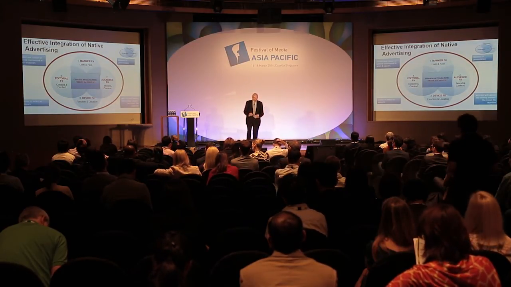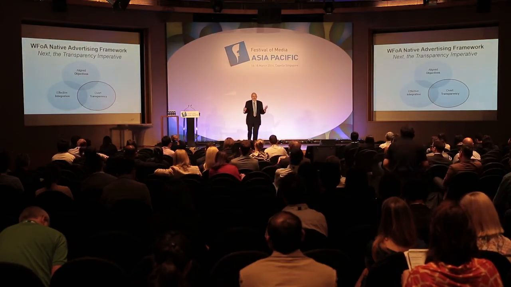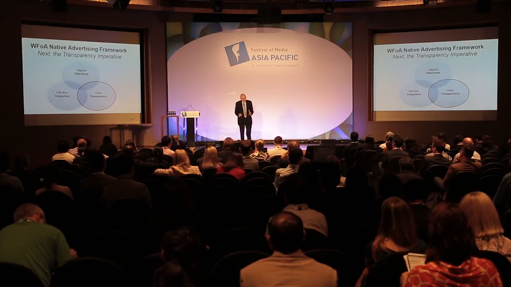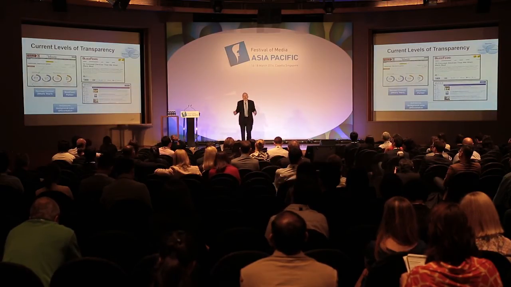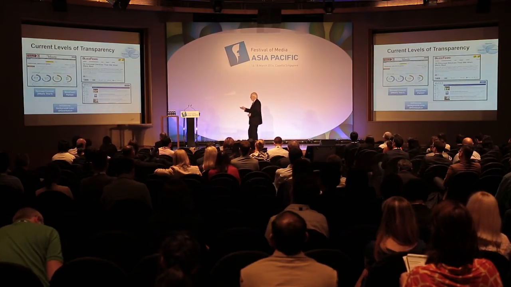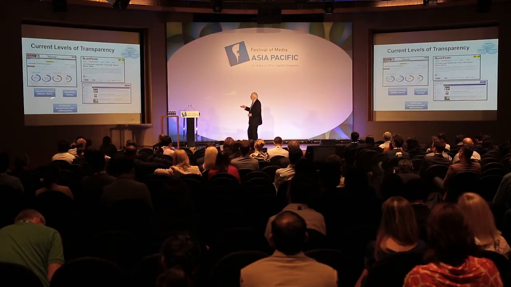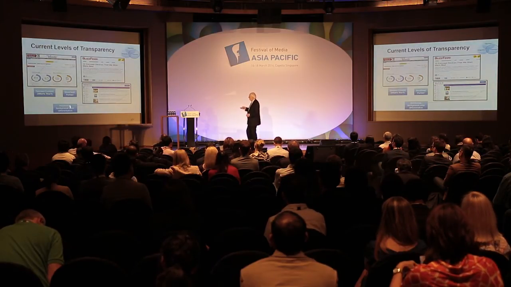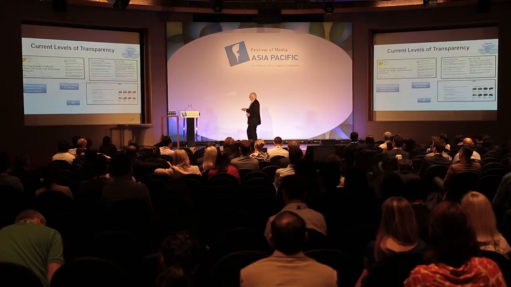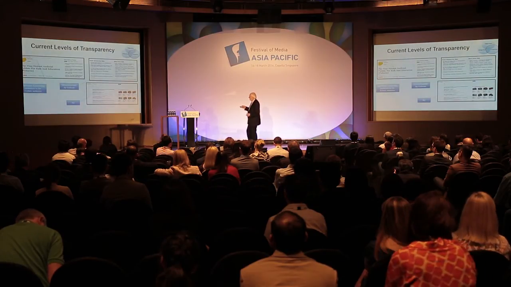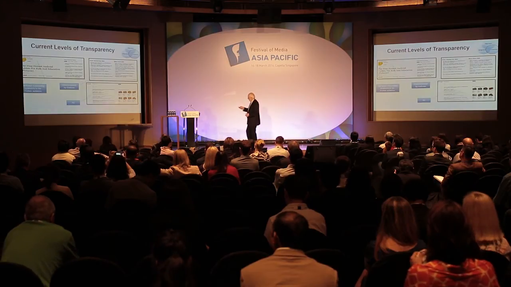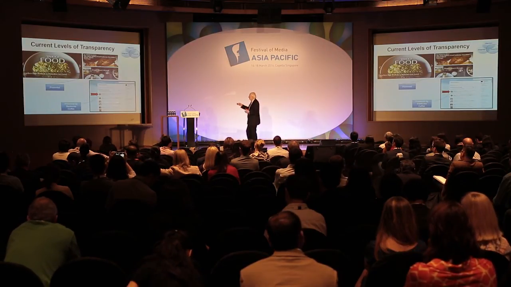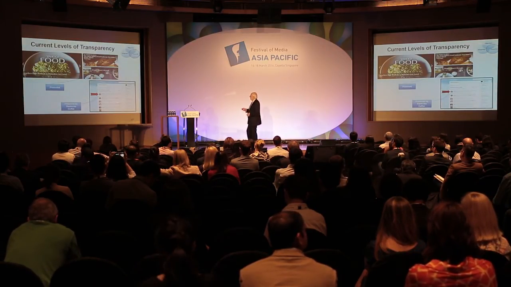Now we're coming to the second dimension, which is transparency. Transparency is critical, and there are many ways today to deal with it. You have sponsored content, BuzzFeed partner, AdChoices, just ad, recommended, SAP voices, promoted, promoted by.